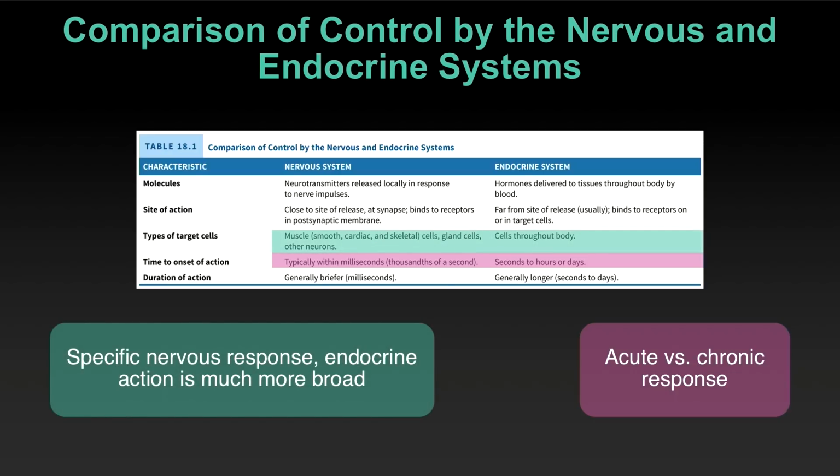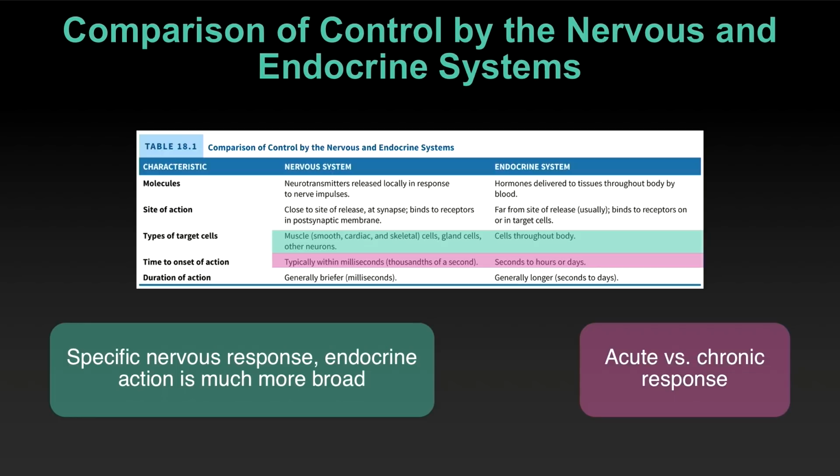And the types of responses. The types of target cells. The nervous system only activates excitable tissues, excitable cells, nerves and other muscles. The endocrine system can activate a whole host of different kinds of cells, not only nerve and muscle.